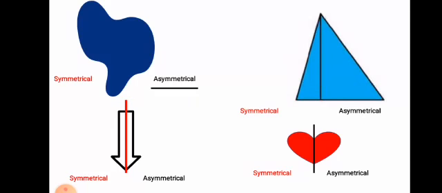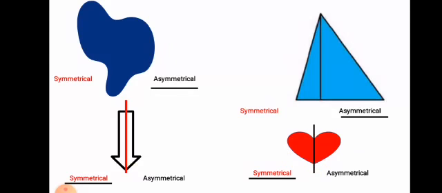Very good. Moving to another exercise. We need to choose the correct word, symmetrical or asymmetrical. What about our first shape here? What do you think? Is that symmetrical or asymmetrical? Very good. Asymmetrical shape because we cannot divide it into two similar sides.